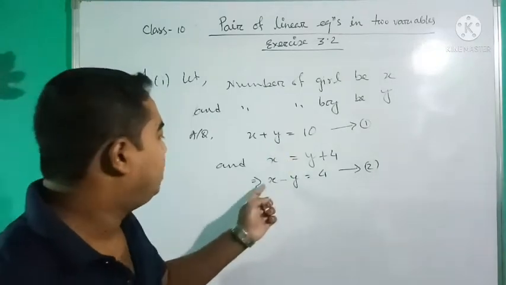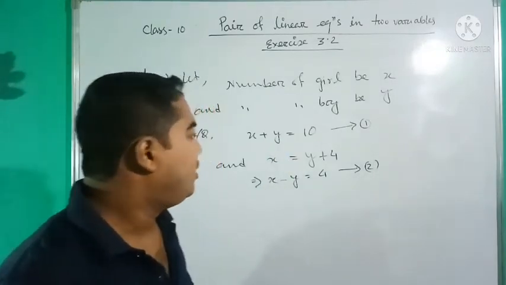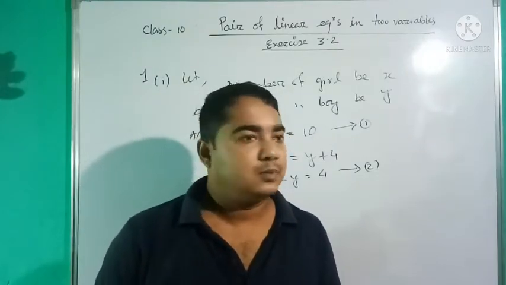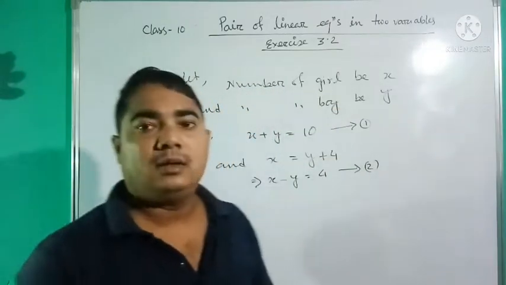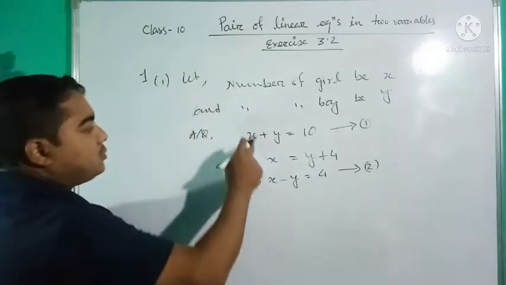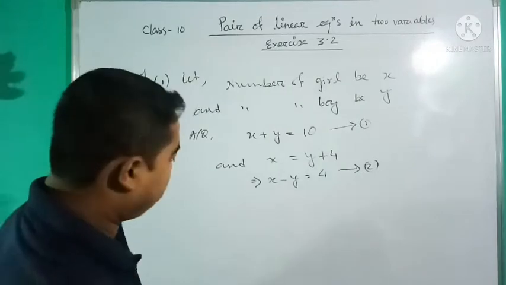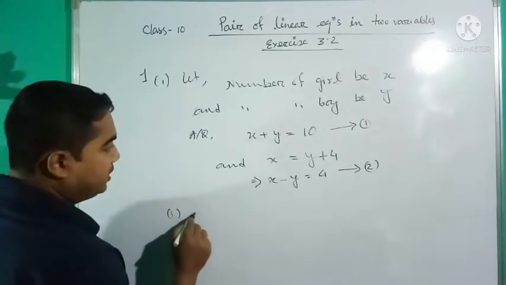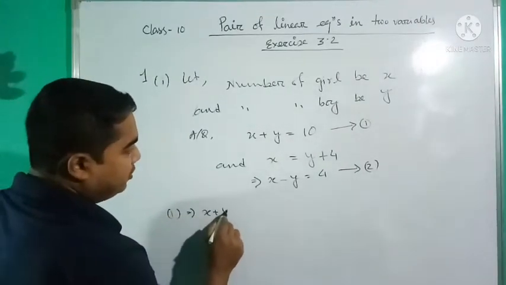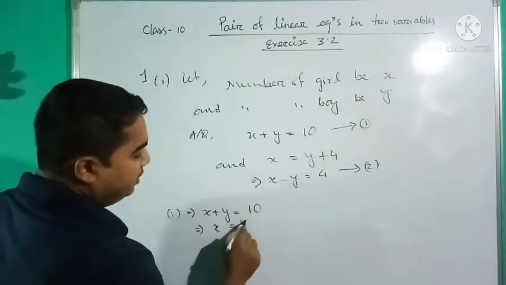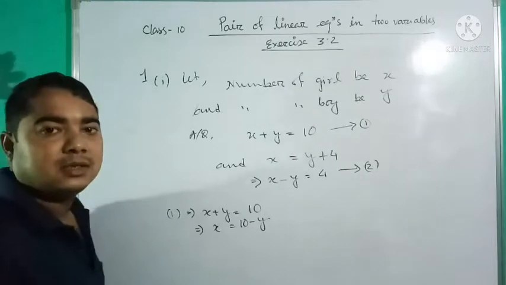Now find the values of x and y, means coordinates, plot them on the graph and find the number of girls and boys. To plot on the graph paper, at first make a table. The first equation, x plus y equals 10, you can write as x equals 10 minus y.